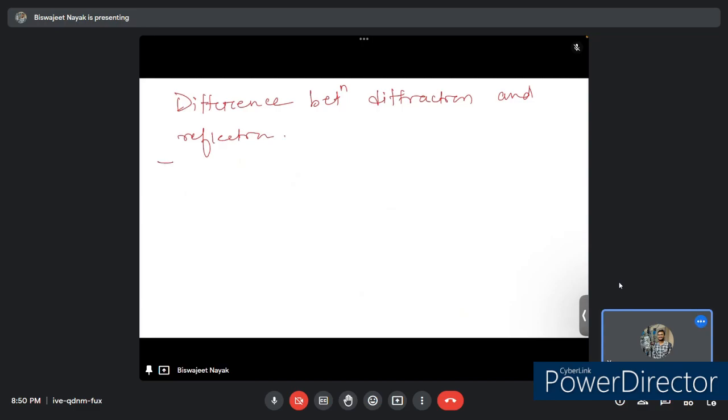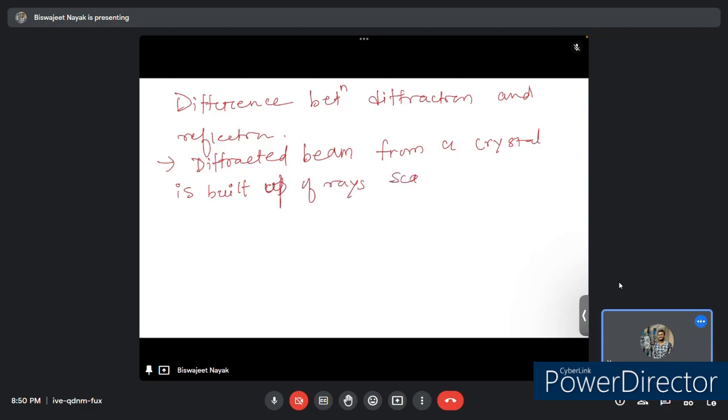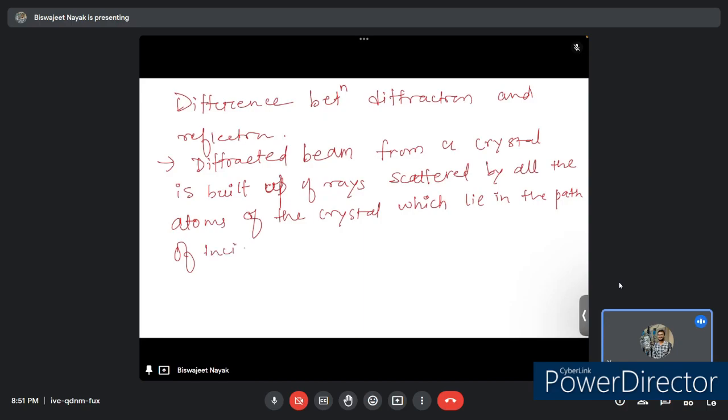So we may say the diffracted beam from a crystal is built up of rays scattered by all the atoms of the crystal which lie in the path of the incident beam.